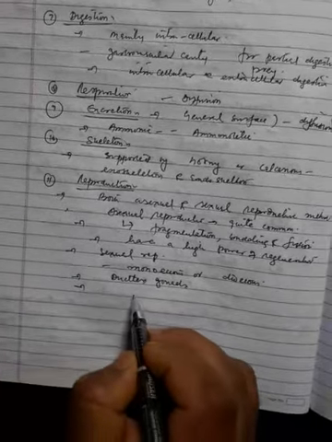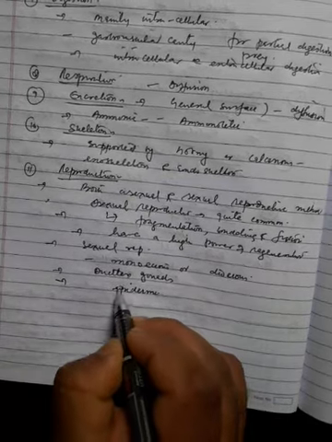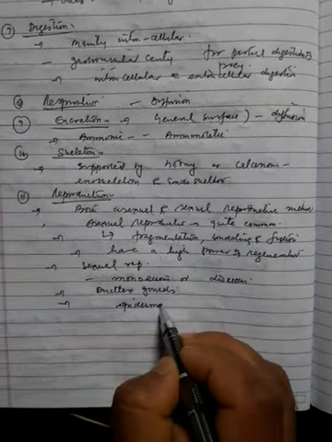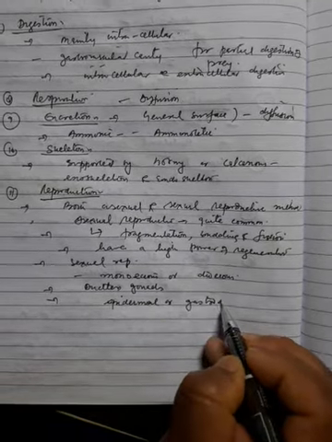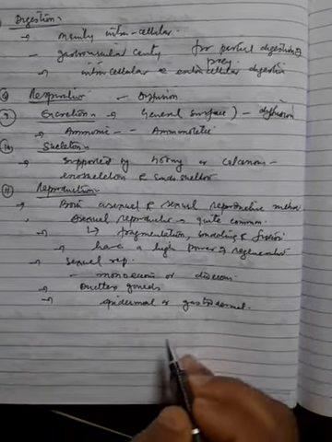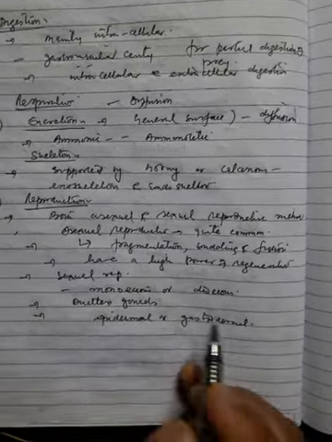These ductless gonads can be epidermal, present in the epidermis, or gastrodermal. That means they can be epidermal or gastrodermal in origin.